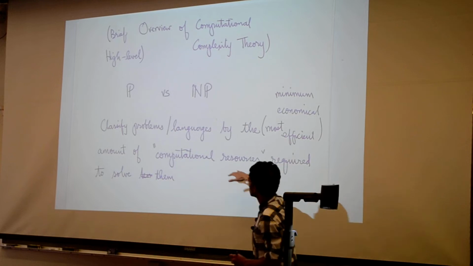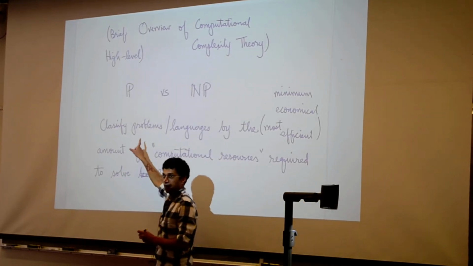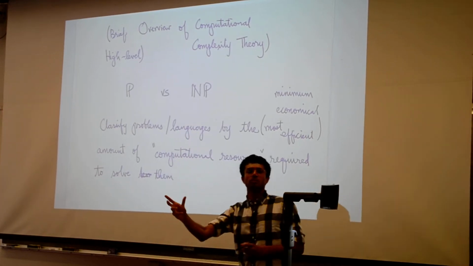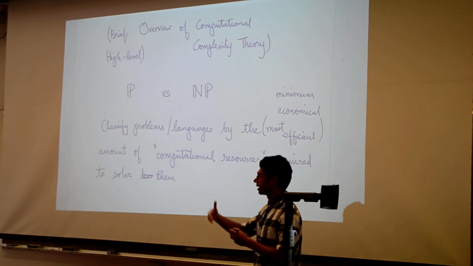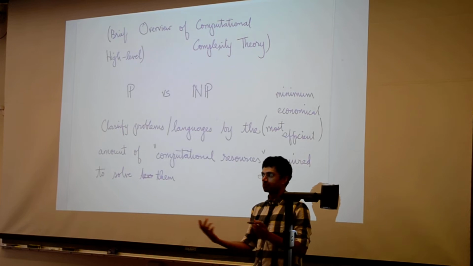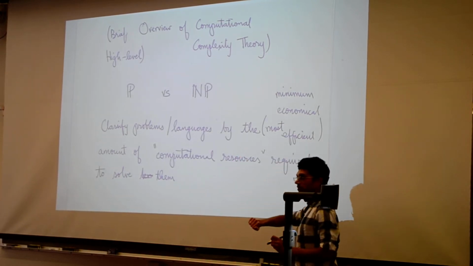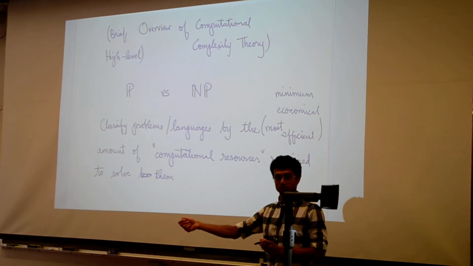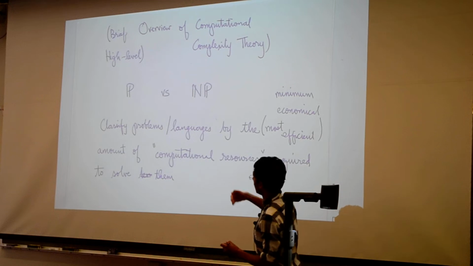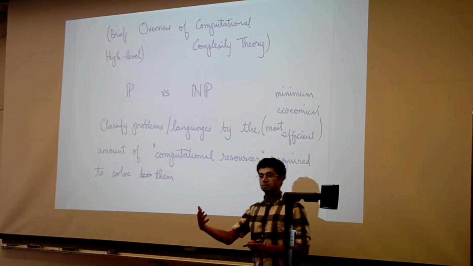But I said resources, because so far what we've actually talked about in P is time. That's a resource. And NP is sort of like non-determinism, another resource, like the ability to interact with a verifier. But what would be a third resource that you would think about? Space, exactly. So there's space, and you can also think about randomization, like the ability to flip random coins, and you can also think about, we'll get to that, something about interaction.